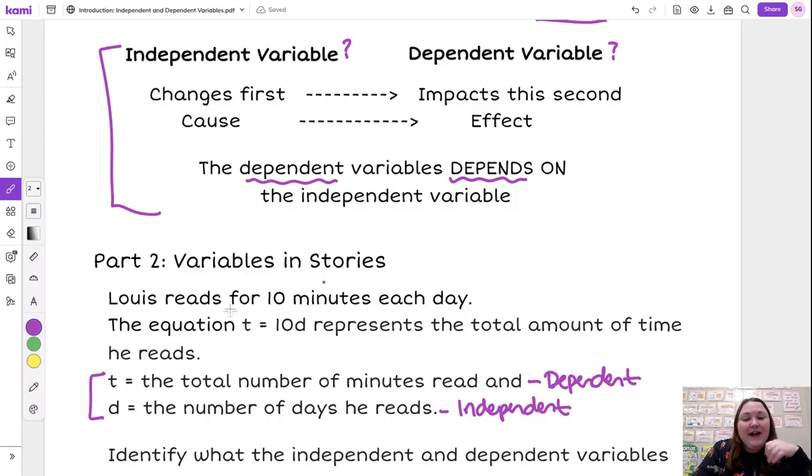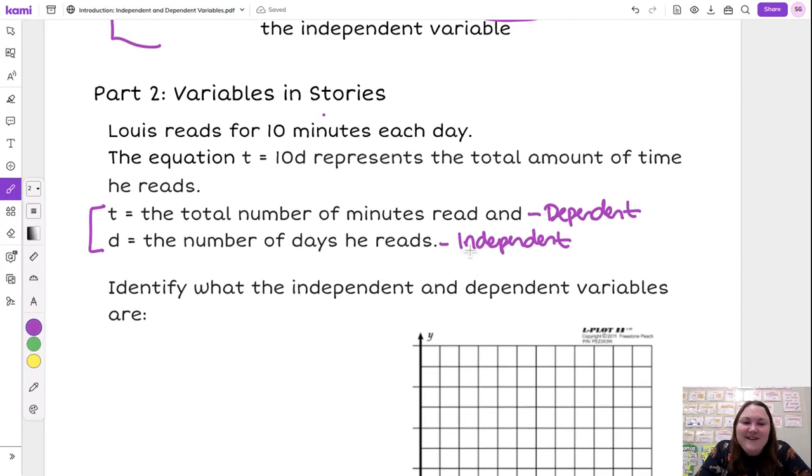He can control how many days he reads, and it impacts or affects the total number of minutes he reads. We could also say the sentence, the total number of minutes read depends on how many days he reads. Using those words depends on, I really like using those to help explain. The total amount of time he reads depends on how many days he reads.